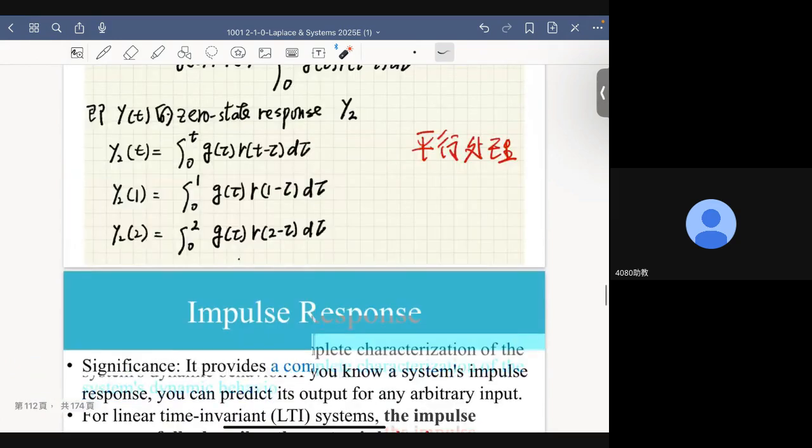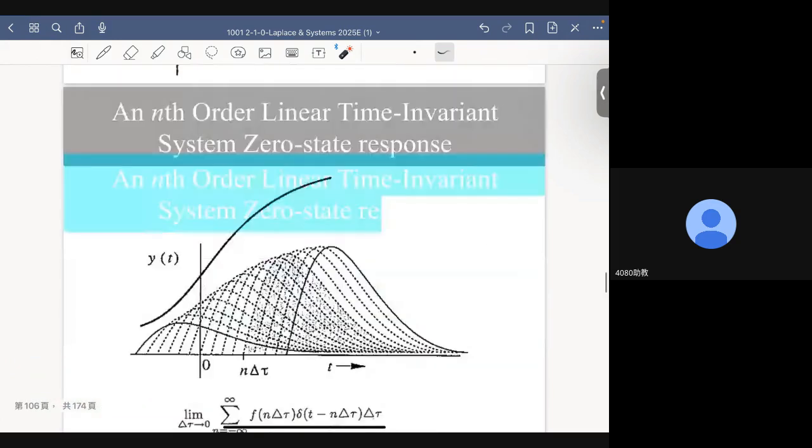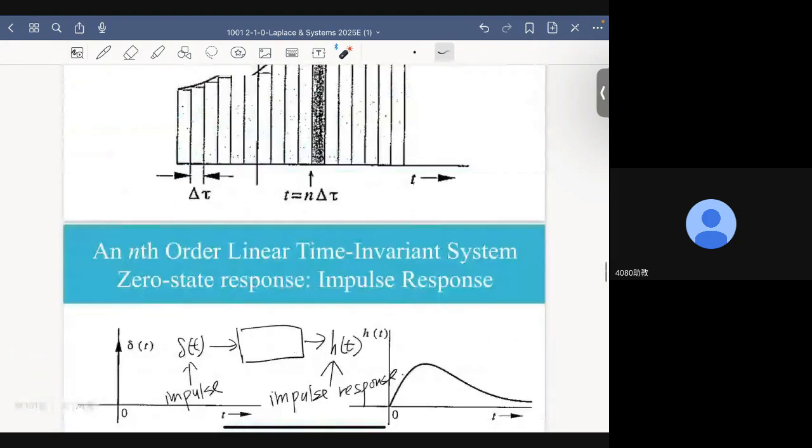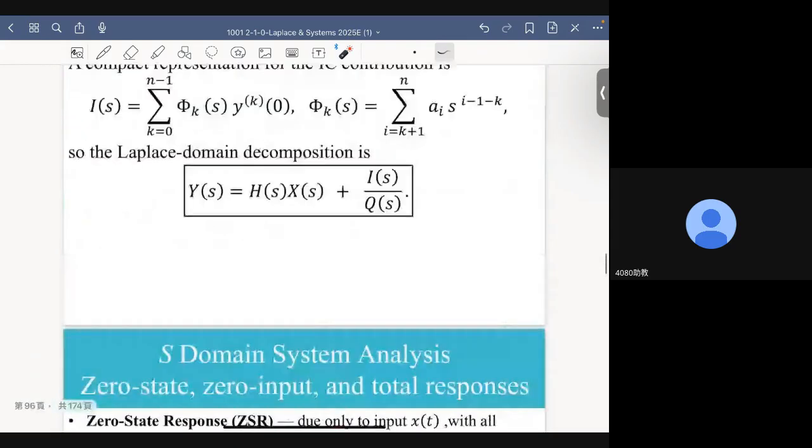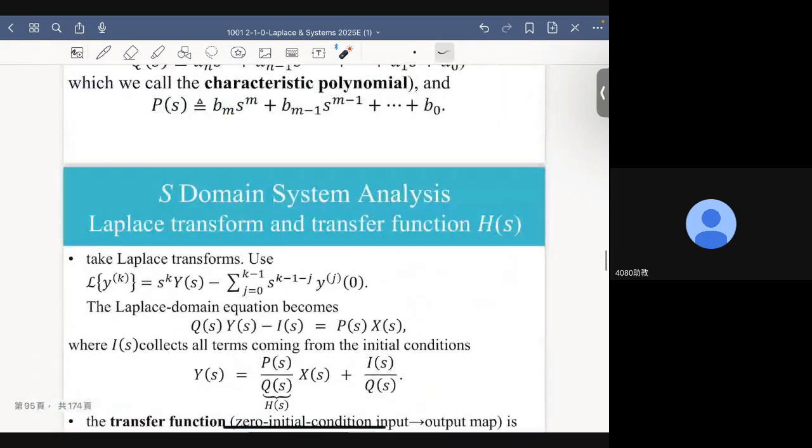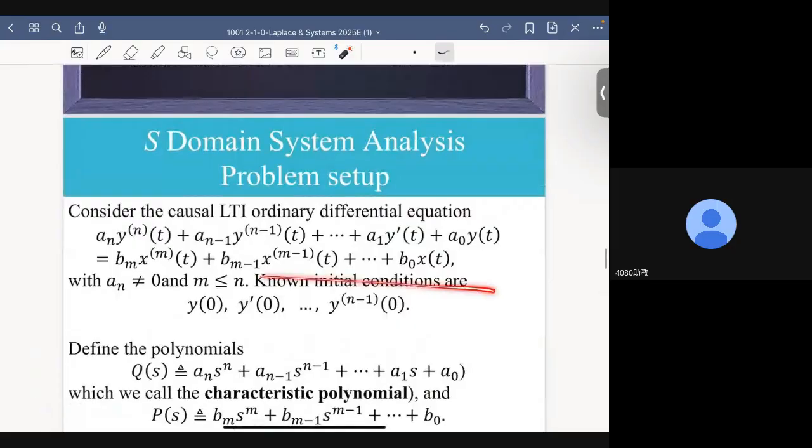Remember that to model a system, we need to have differential equations, right? Like this. Now, for a real machine, for a real system which stands right before you, how do you come up with such a differential equation?